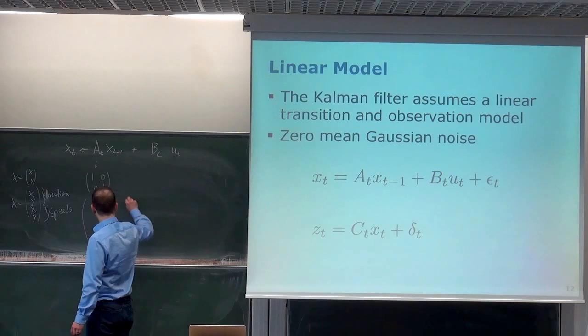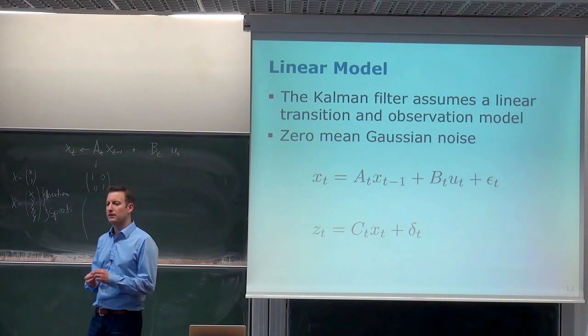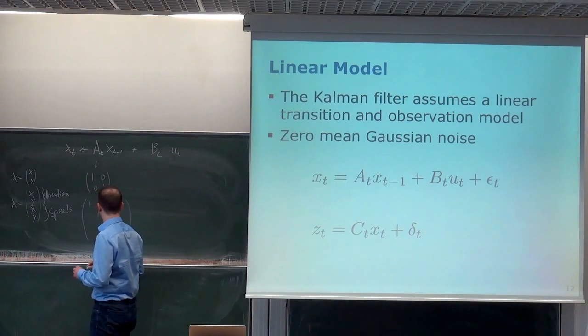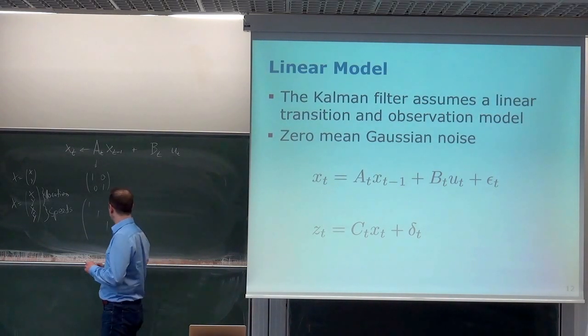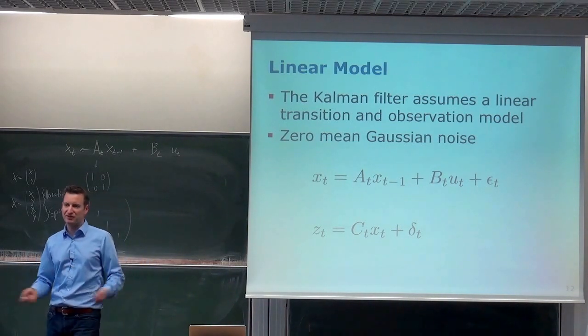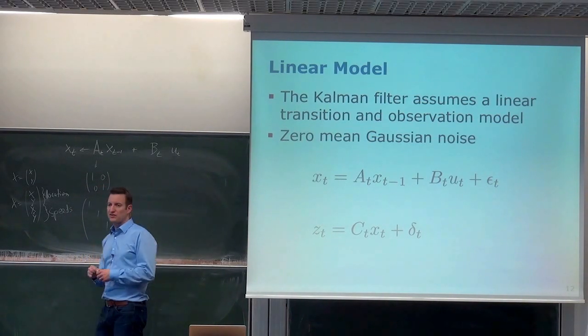And how would, in this case, this matrix A look like? On the diagonal, yes, and the speed is a constant. There's a delta t. Let's say every half a second we emit this command, and there would be twice 0.5 in there.